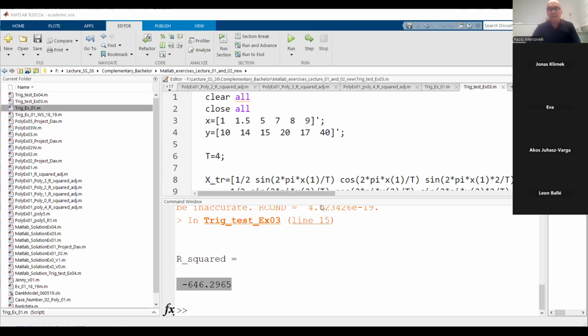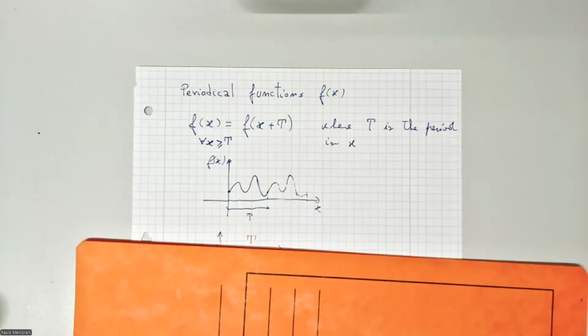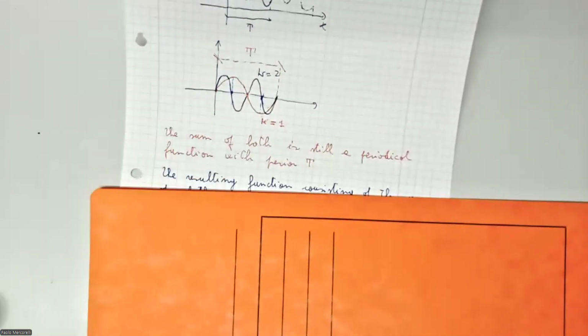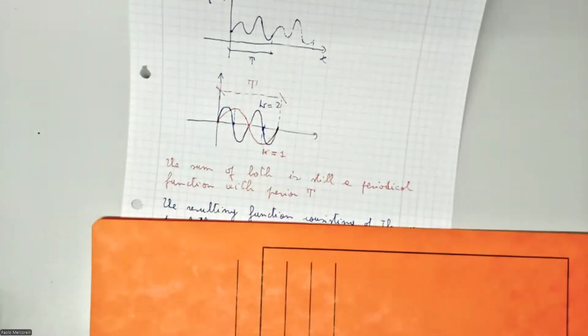In order to analyze why, let me come back to the theoretical aspects. Theoretical, but just the last. As I told you in the example, I am considering k equal 1 and k equal 2. Do you remember? Just sine cosine for k equal 1 and sine cosine for k equal 2. Exactly in the matrix.